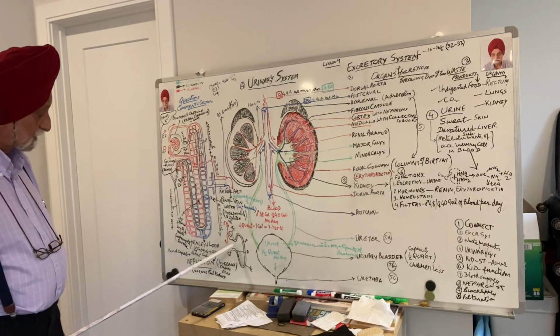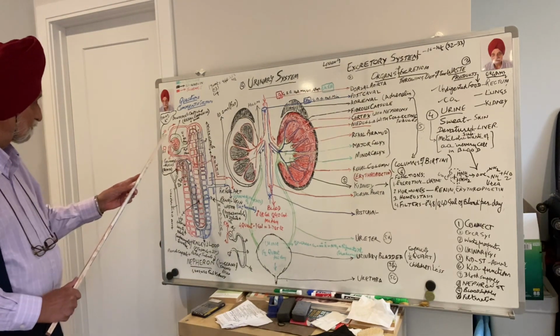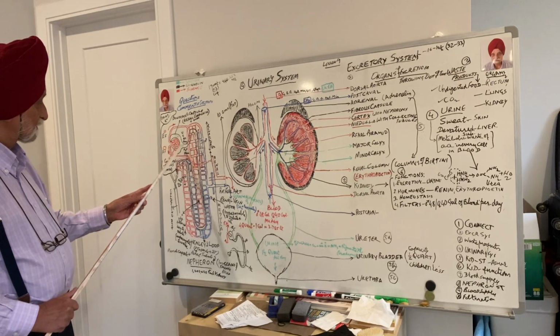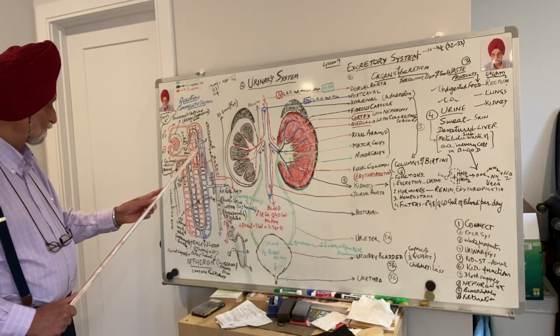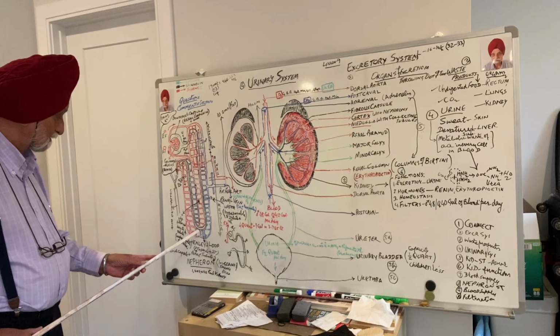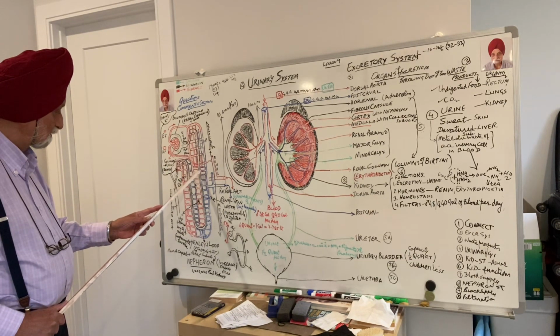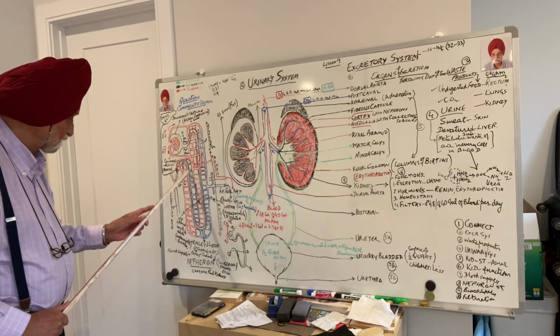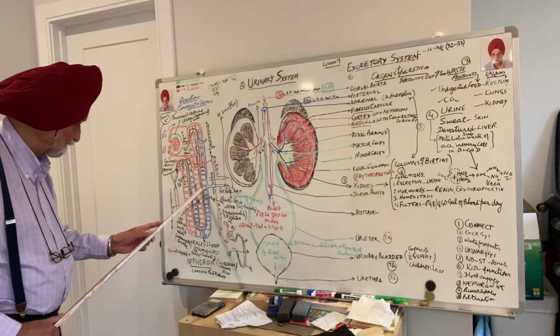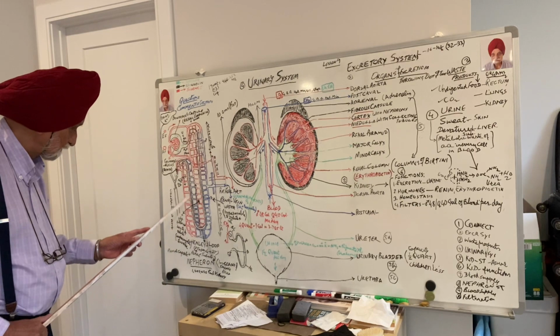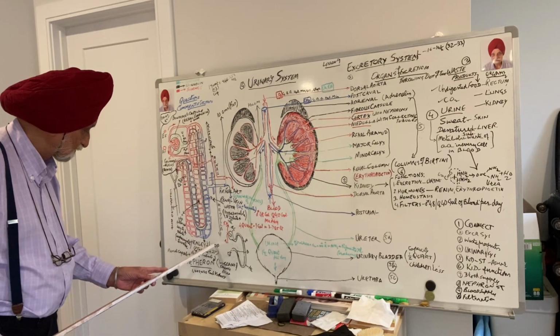I have made this diagram here. See, this is Bowman's capsule, and this is the uriniferous tubule. This is the proximal end of the tubule, this is the distal end of the tubule, and this U-shaped structure is called Henle's loop.